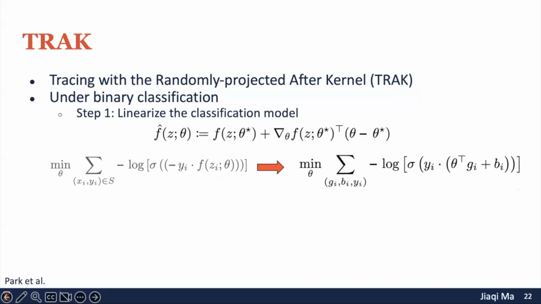In this logistic regression model, the parameters are still theta, the vectorized parameters of the original model F. But the features for this logistic model are not the original features, but rather this gradient vector g_i, the gradient vector of the original model evaluated at data point z_i for each of the training data points.